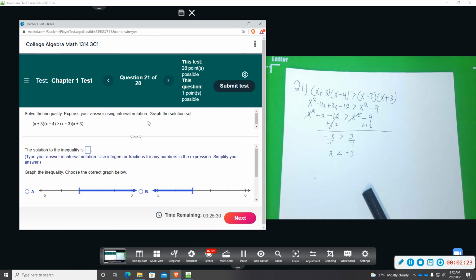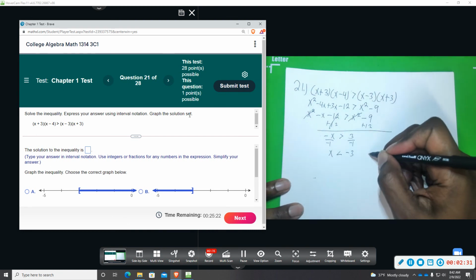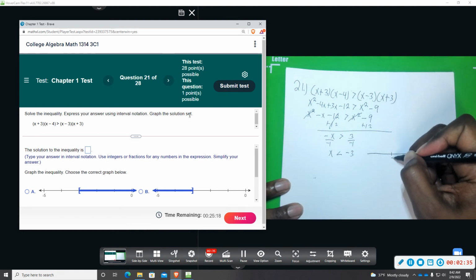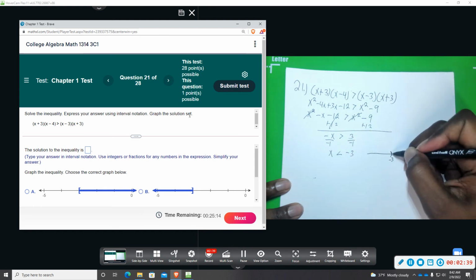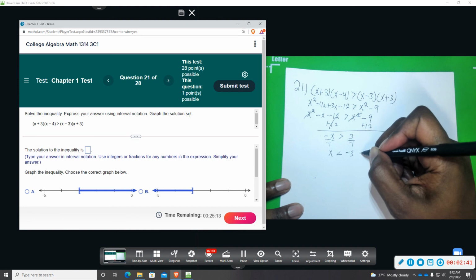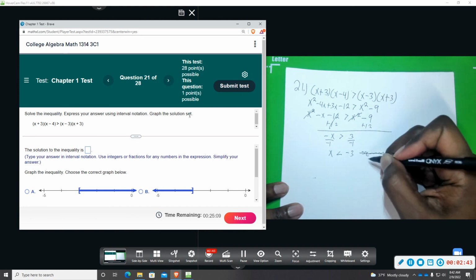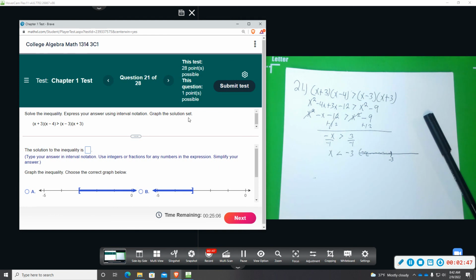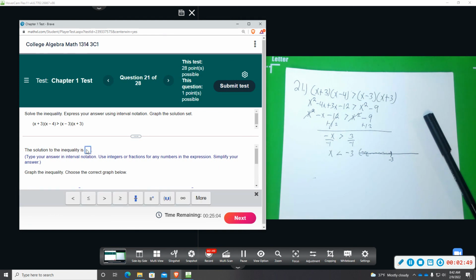Here we want to express it using interval notation, and then we're going to graph it. So interval is kind of like the same that you get on the number line. It's going to be -3 here, and the x is pointing us in that direction. So going to -infinity. So -infinity to -3, both in parentheses.